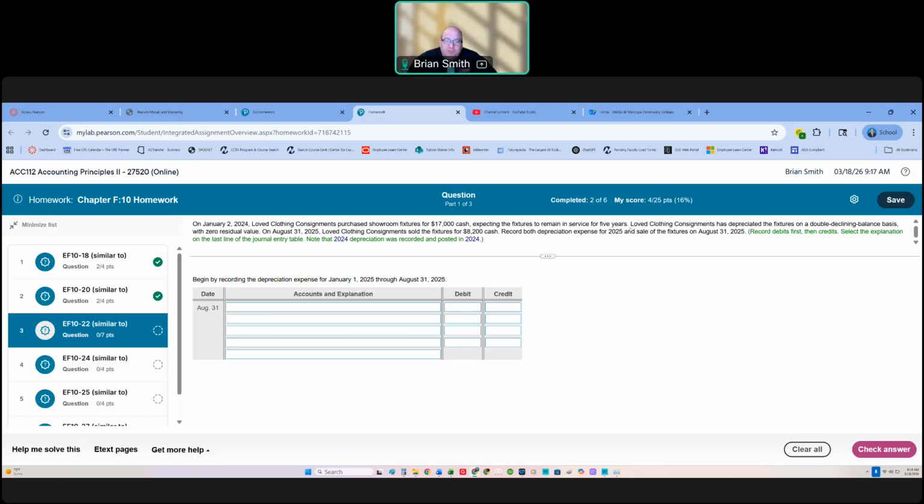We purchased showroom fixtures for $17,000 cash, expecting the fixtures to remain in service for 5 years. We depreciated the fixtures on a double declining balance basis with 0 residual value. We sold the fixtures in 2025, so a year and a half later. Record both depreciation expense for 2025 and the sale of the fixtures.